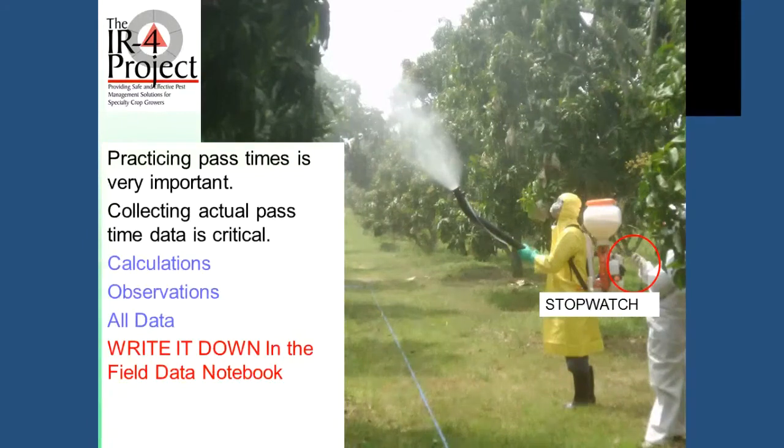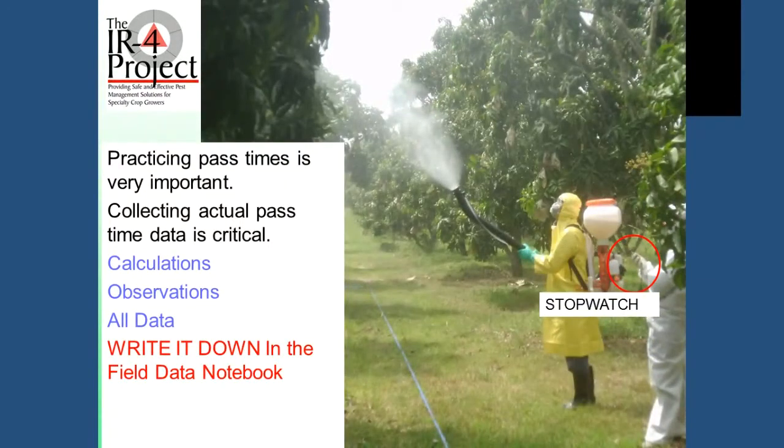So practicing pass times is very important. Here we have the person doing the spraying. This person is holding a stopwatch, or you can use your cell phone as a stopwatch. And he is walking along this line.